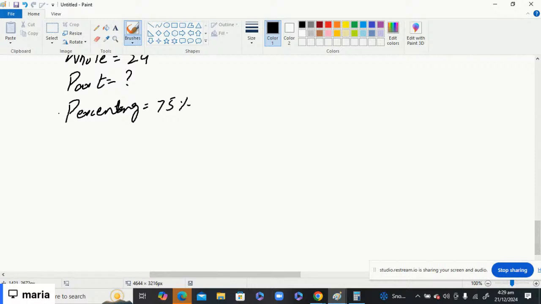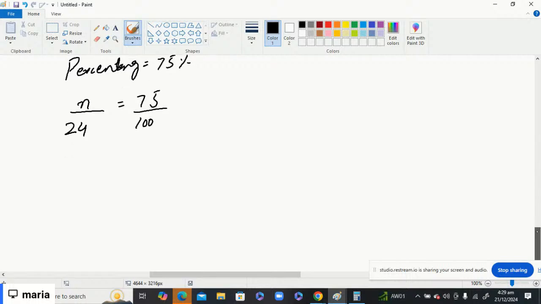Now let's find it out. n over 24 equals percentage over 100. Just cross multiply: n times 100 equals 75 times 24.